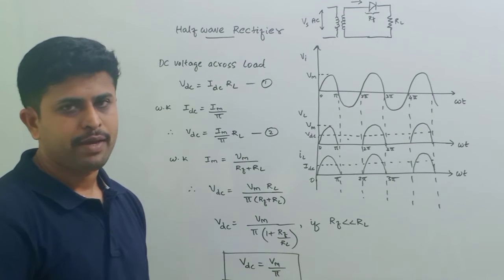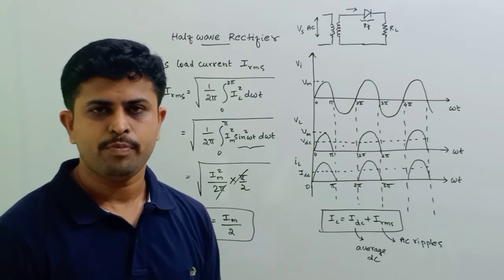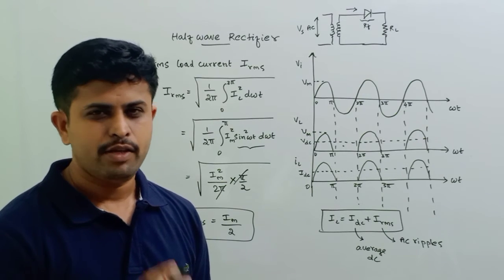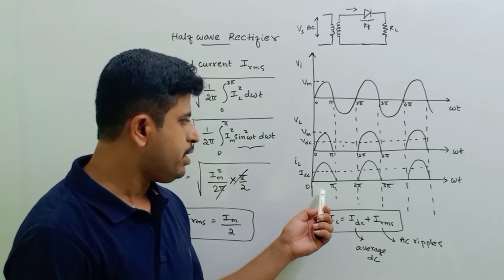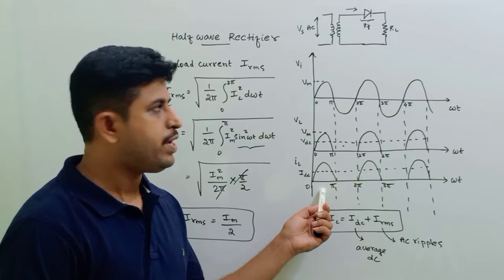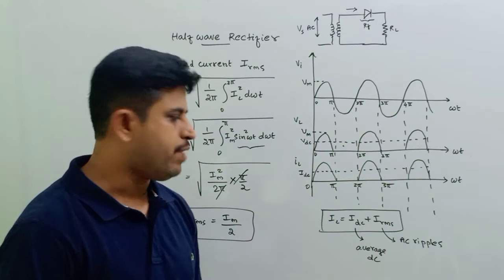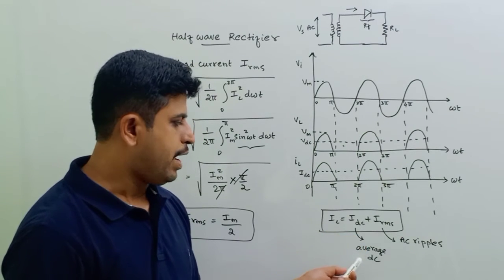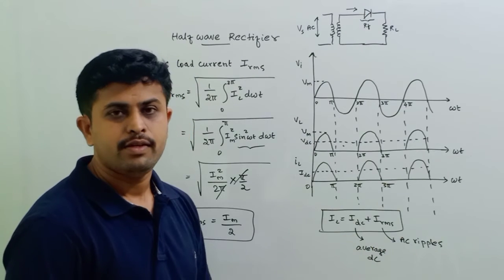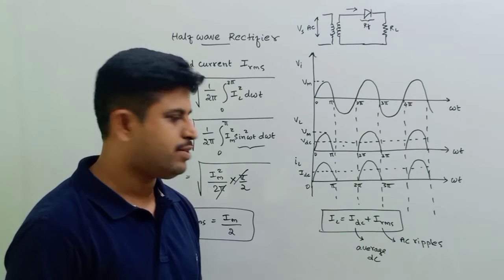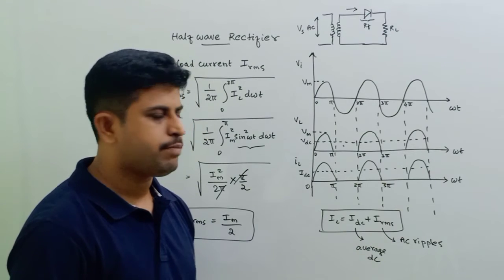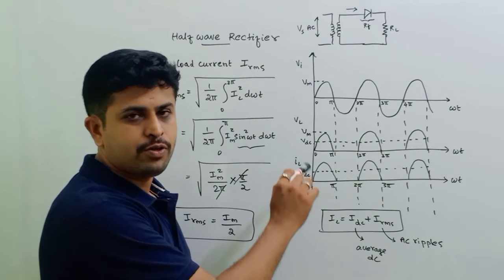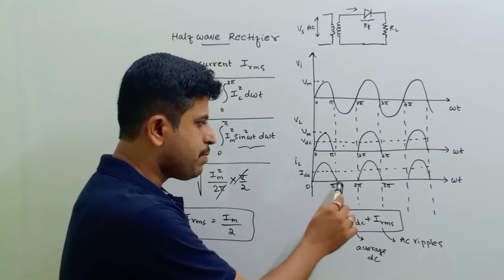So the final DC voltage expression we get for this half wave rectifier is VDC equals Vm by pi. Okay, let us obtain the expression for IRMS, that is root mean square current. We know that the DC load current we are getting at the output of this half wave rectifier is actually the sum of average DC current as well as the RMS current, which is due to AC ripples. That means even though the current has been changed to one direction, it still has some kind of ripple.